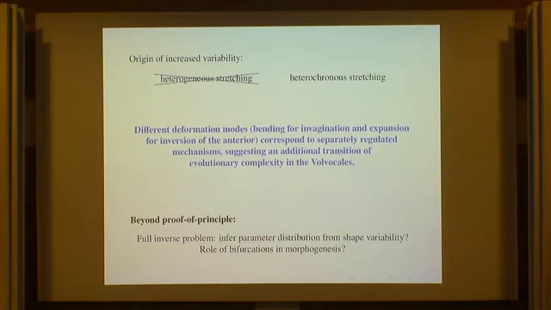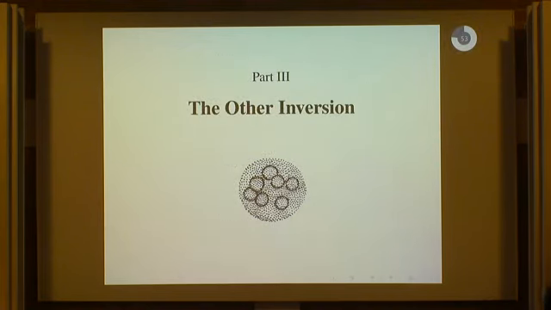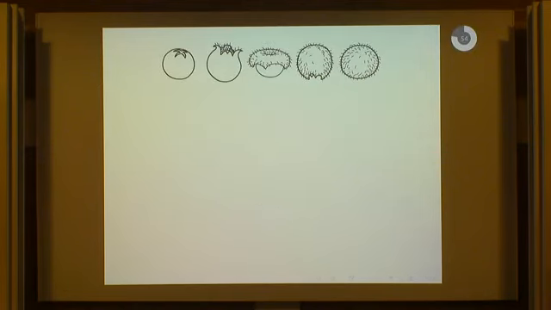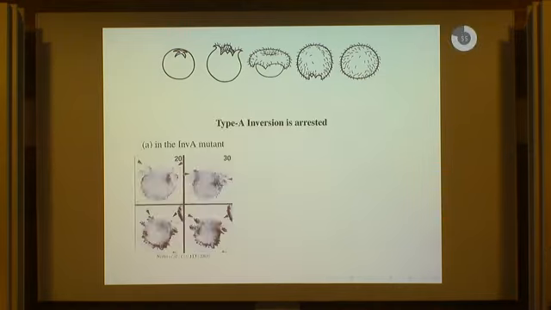In the last minutes of my talk, I want to say why some of these ideas make sense by briefly going back to the other inversion, type A inversion, where you have these four lips opening up and peeling back from the anterior pole of the shell. In particular, there are two important biological papers on this, which you might like to try to understand.